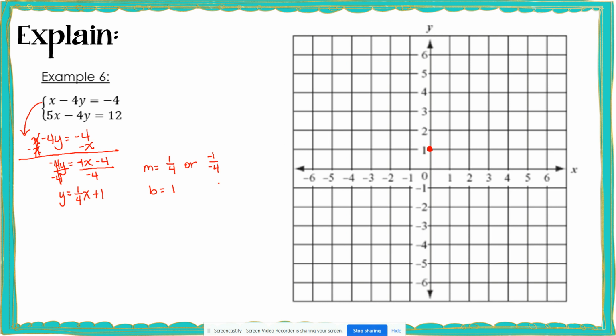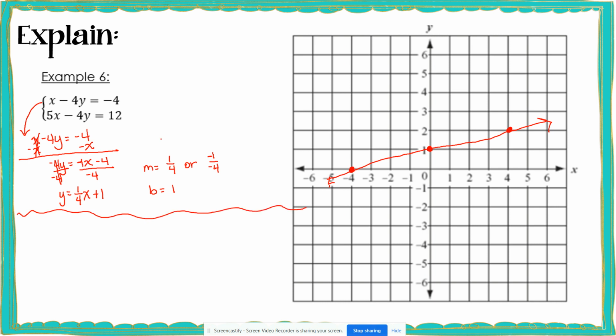If I use my slope of 1/4, then that means that I would rise up 1 and run right 4. Now, I also could have used this one, which was a rise of down 1 and a run of left 4. So either of those could have been used. So now that I have my points, I will connect them with a line.